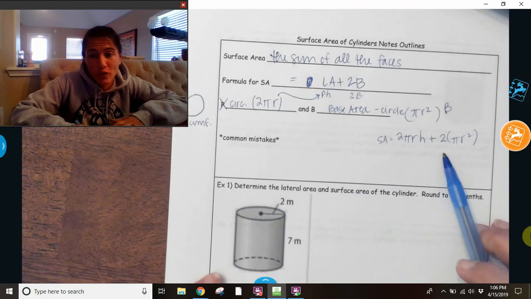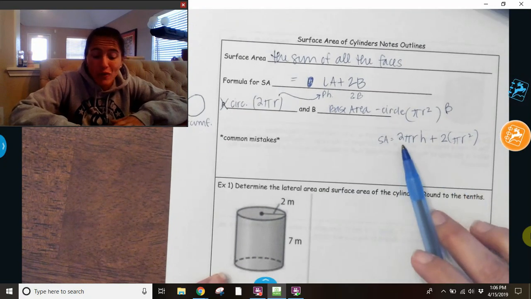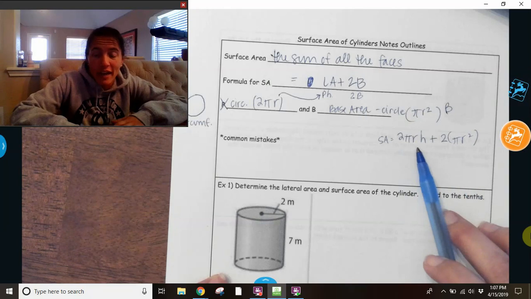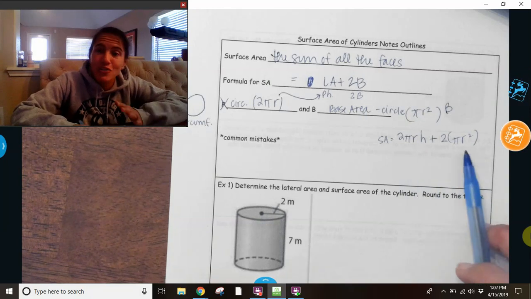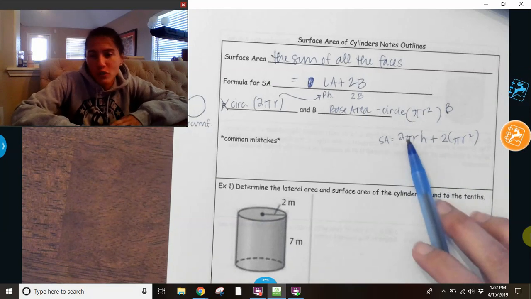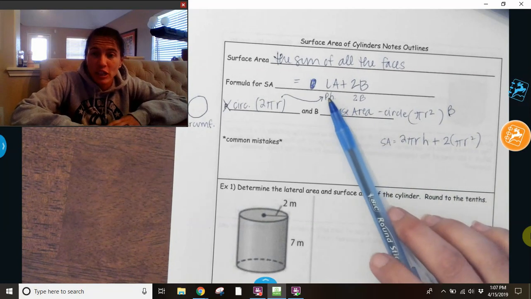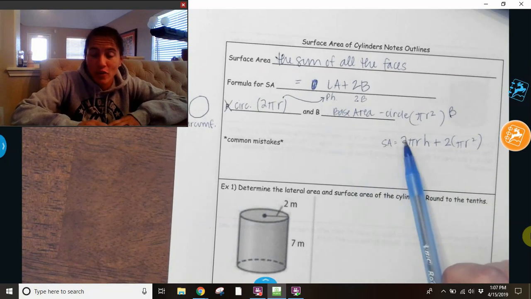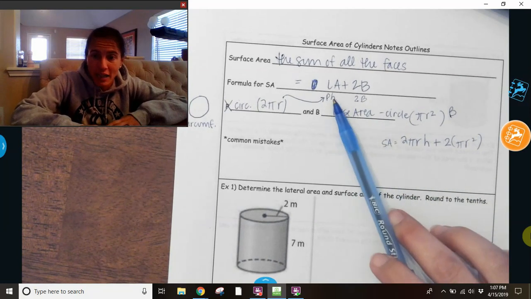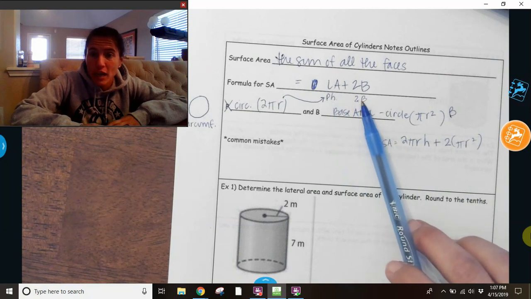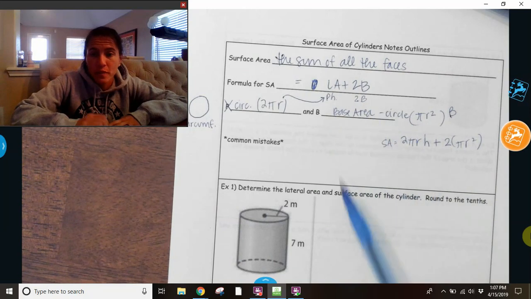And that is the whole surface area. Now it's long. But if you notice, it starts 2 pi r, 2 pi r. Yes, you'll have to know it, but I don't want you to think I just have to memorize another formula. I want you to think intentionally. The perimeter of the base is the circumference times the height. Twice, because there's two bases, and the area of the base is pi r squared.